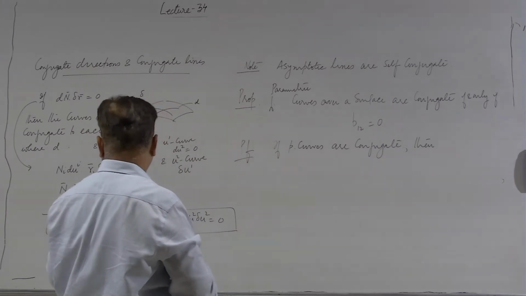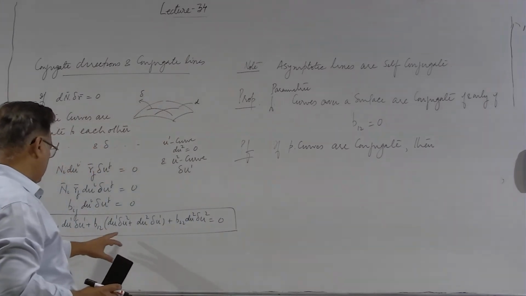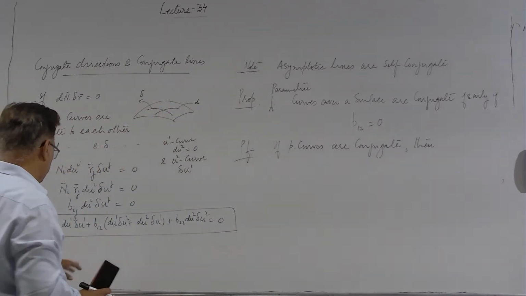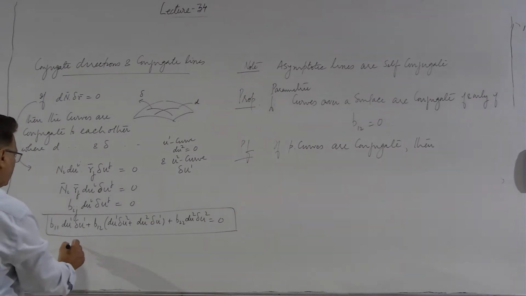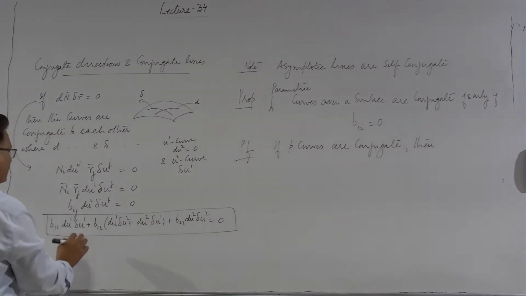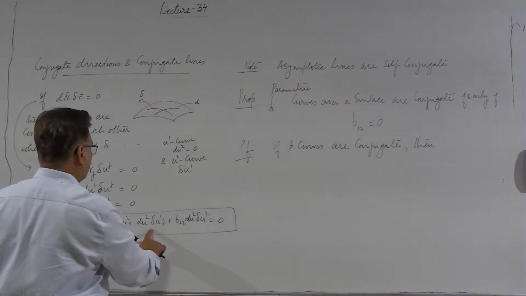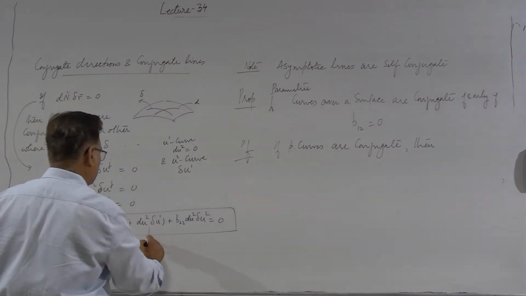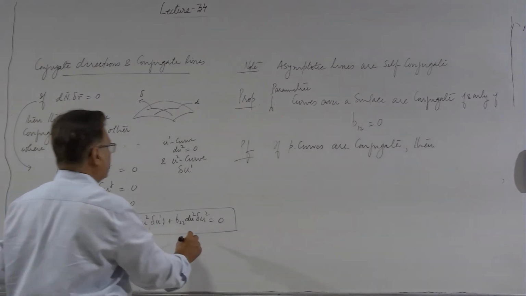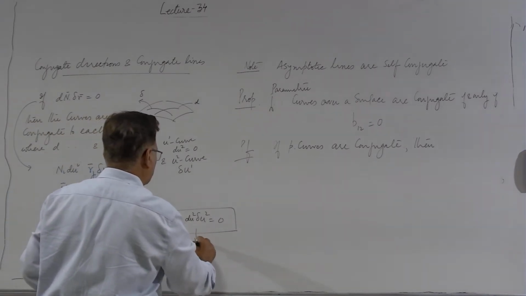So, if I put du2 equal to 0 and delta u1 equal to 0, then you will see that the first term becomes 0 because of delta u1, and the last term will be 0 because of du2.